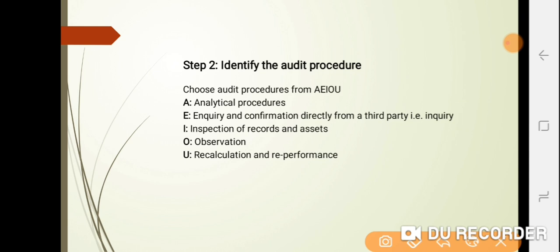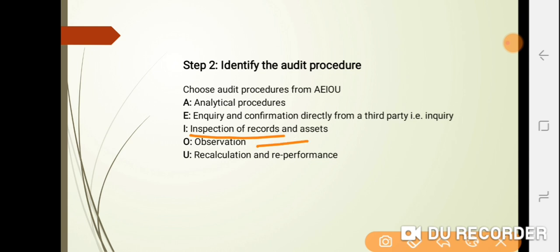Then asking clear and concise questions to them, using open or closed questions appropriately, listening actively and effectively, maintaining a skeptical mindset, and evaluating the interviewee's responses based on our understanding of the entity and other audit procedures performed, and asking follow-up questions. Okay, inspection includes all these things.